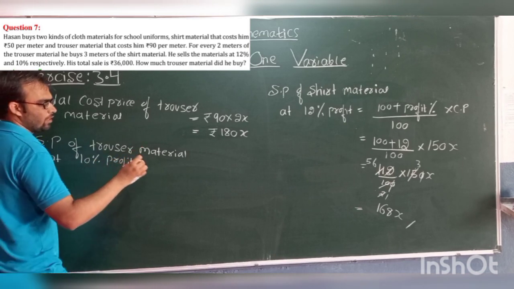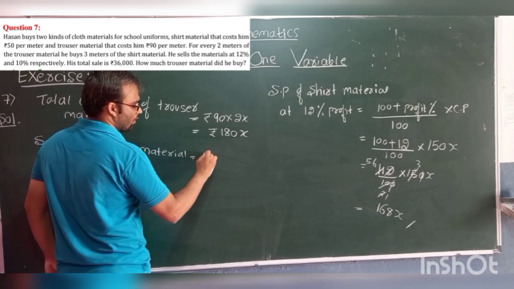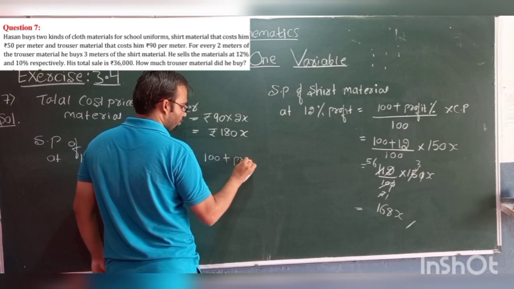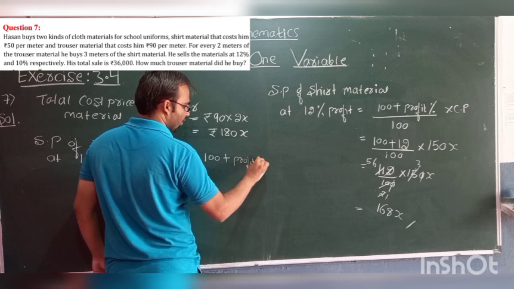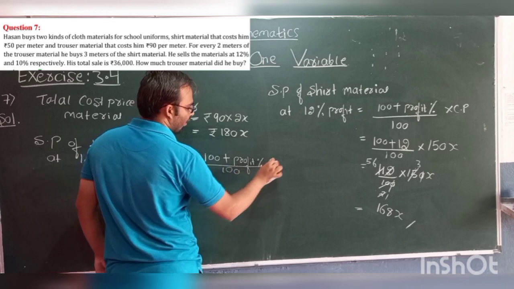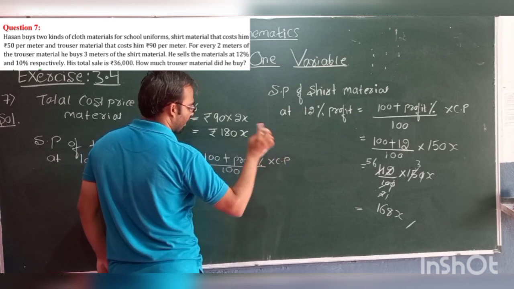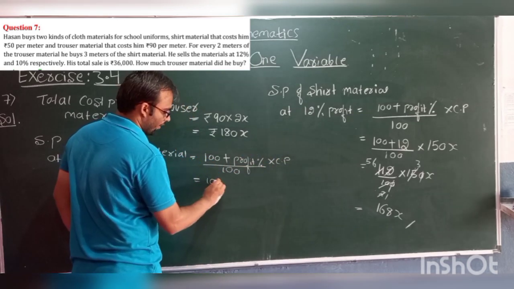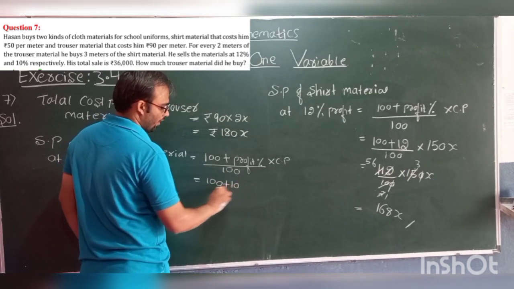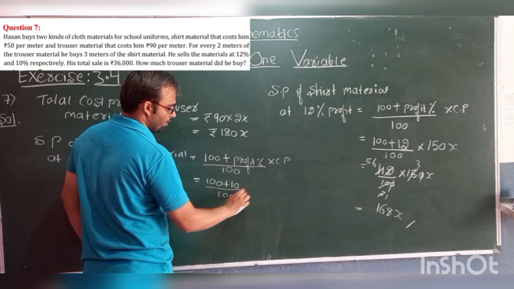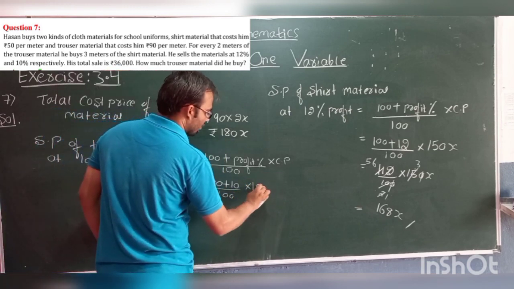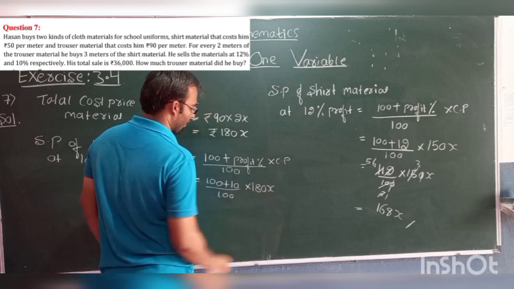profit equals 100 plus percentage of profit, that is profit percentage, divided by 100, into cost price, equals 100. What is the profit percentage, students? 10, no? 10 divided by 100 into, and what is the total cost price? 180x.